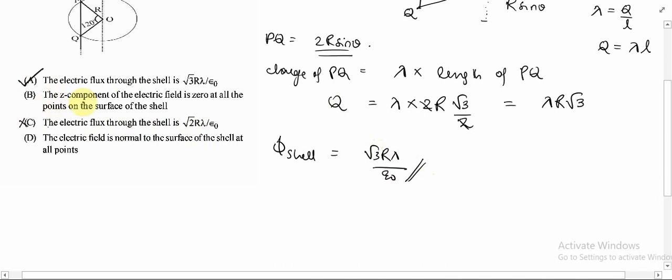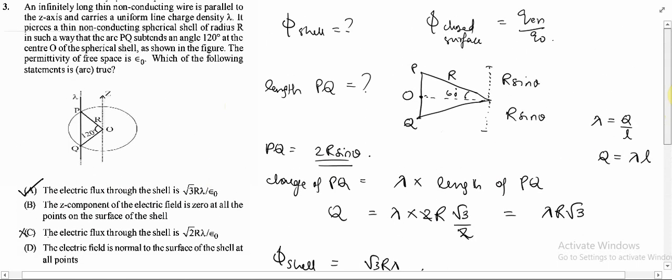The second point says that the Z component of the electric field is 0 at all the points on the surface of the shell. Here there is nothing said about the charge of the shell, so we can assume that it is uncharged. If the charge of the spherical shell is 0, then the only charged body is the infinitely long wire.